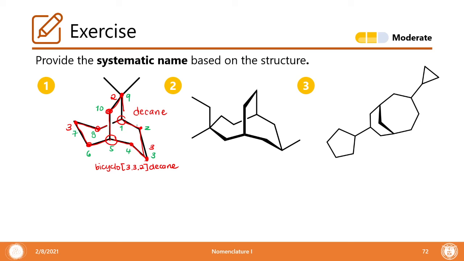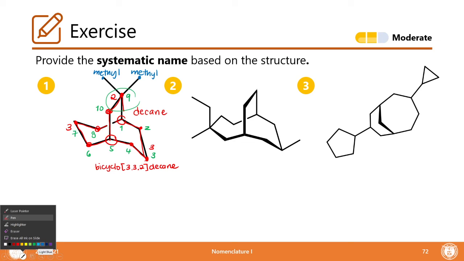Okay? So at position 9, we have 2 methyl groups. Methyl. At position 9, we have 2 methyl, dimethyl. Okay, we forgot something.